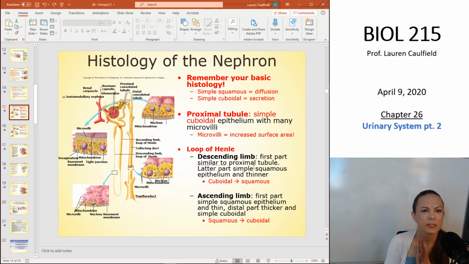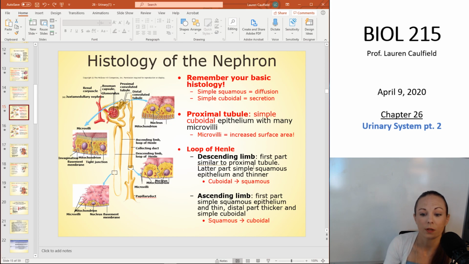So let's think about that. If we are transitioning from cuboidal to squamous, how do you think that that's going to affect the movement of things? Do you think it's going to change what we're reabsorbing?